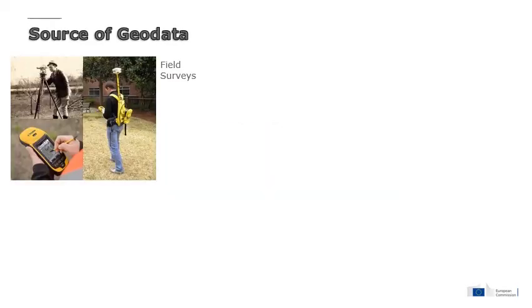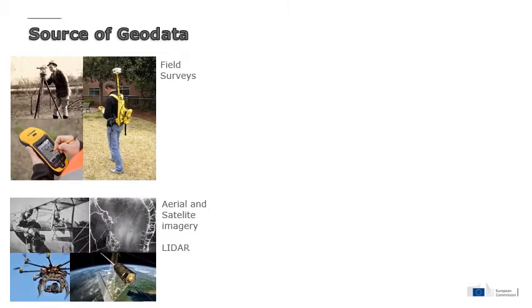So where do we get geodata? The source of geodata is usually field surveys, where we go with measuring instruments like GPS or surveying equipment to measure data and create maps out of it. Then for large areas, it's better to use aerial and satellite imagery and LiDAR nowadays, which gives us a good 3D model of the location.